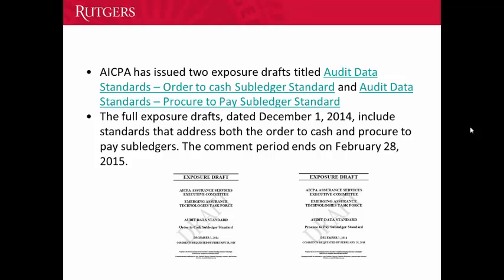The standard is intended to facilitate analysis performed as part of an audit, as well as analysis that might be performed by company staff and internal audit in order to improve internal processes.